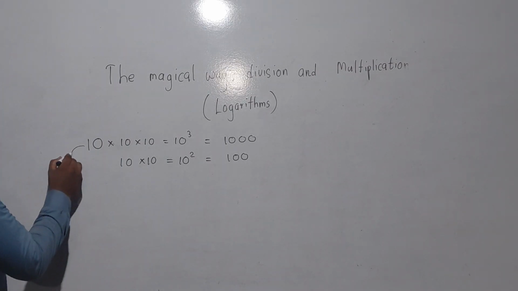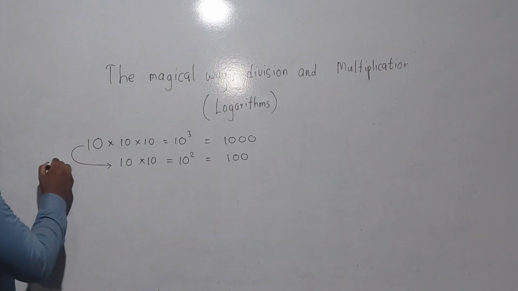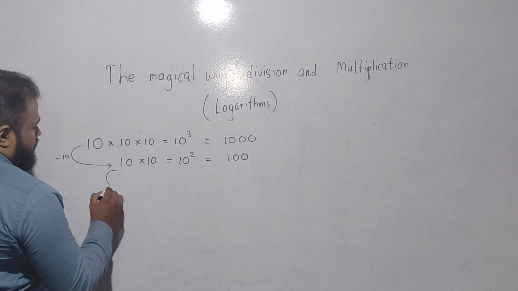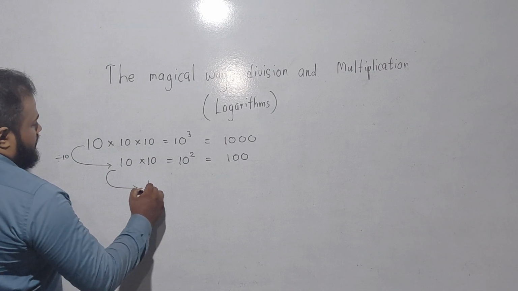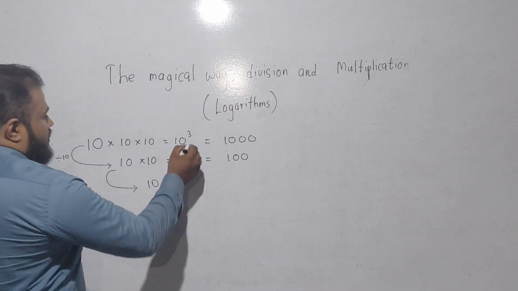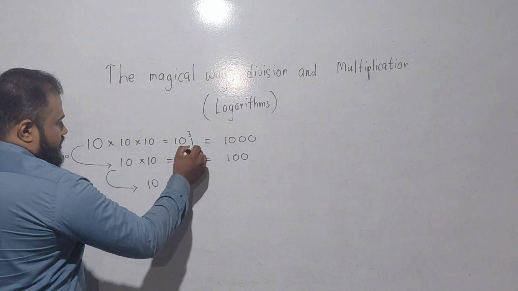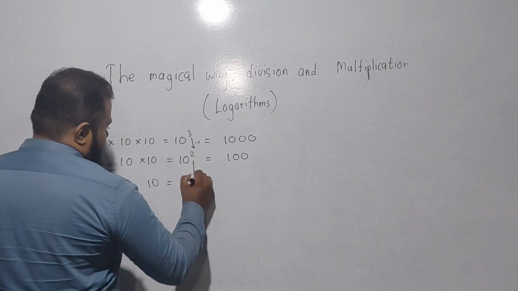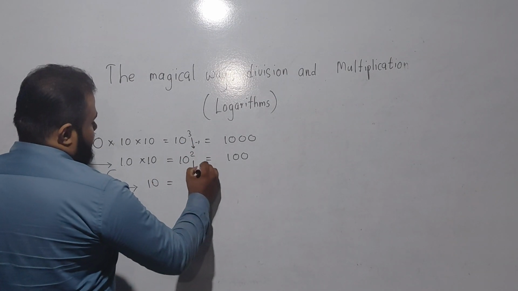To come from here to here, what do we have to do? We have to divide by 10. So if we divide again, 10 times 10 divided by 10 becomes 10. To come from here to here, what did we do? We subtract 1.